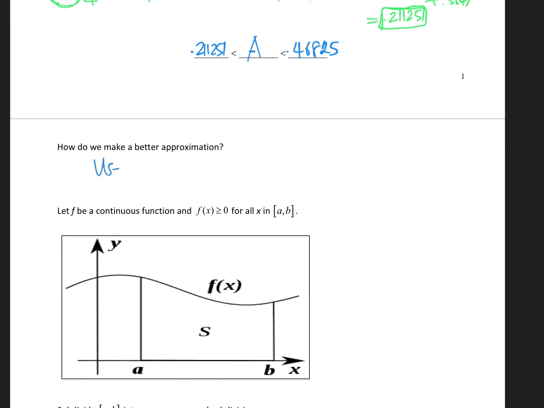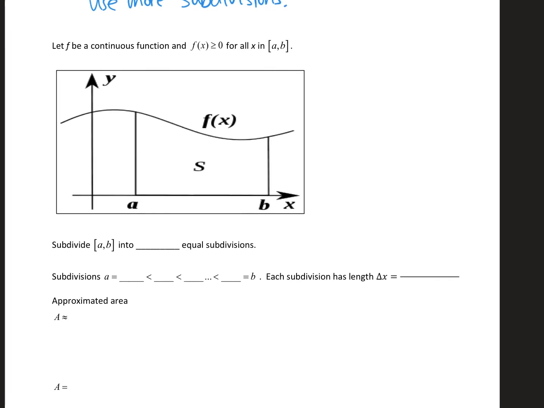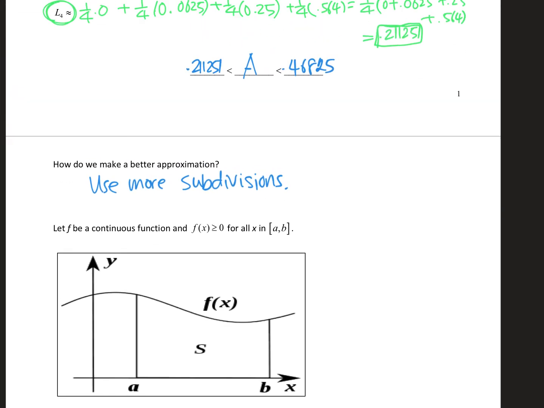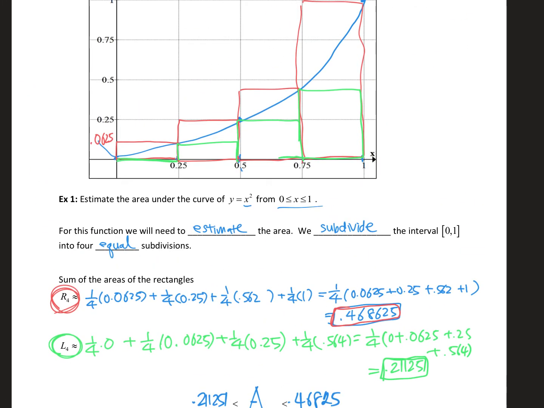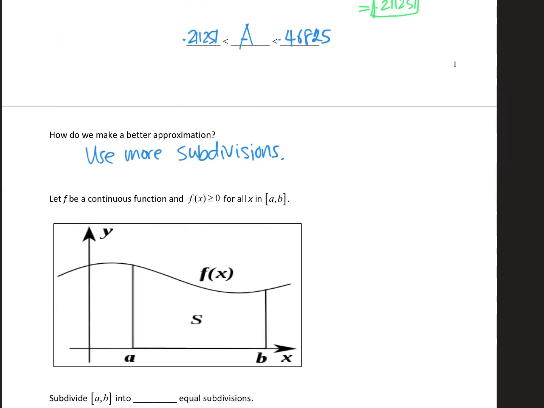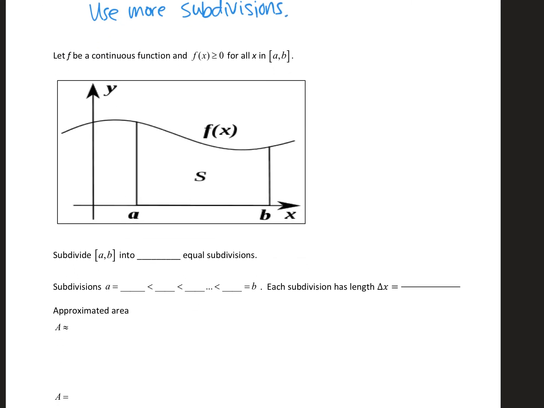So that means I'm just going to make more rectangles, and that'll give you a more accurate approximation, right? So instead of using 4, maybe I'll use 8, and then I get a slightly better approximation.